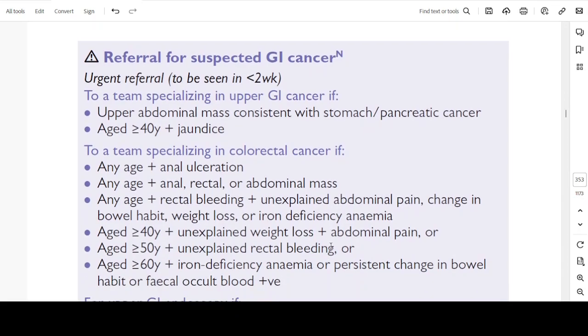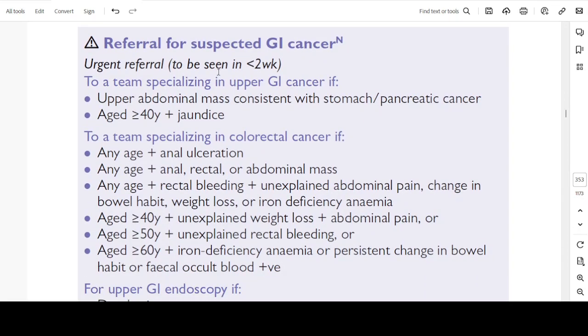Refer for suspected GI cancer. Urgent referral, to be seen within 2 weeks, to a team specializing in upper GI cancer if there is an upper abdominal mass consistent with stomach or pancreatic cancer, plus age more than 40 years and jaundice.